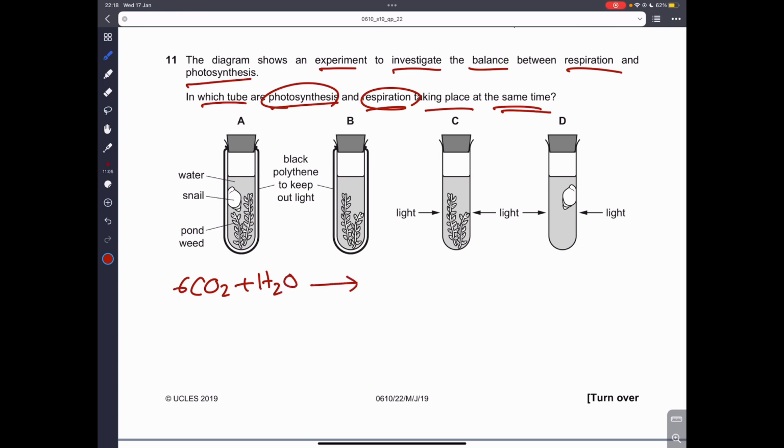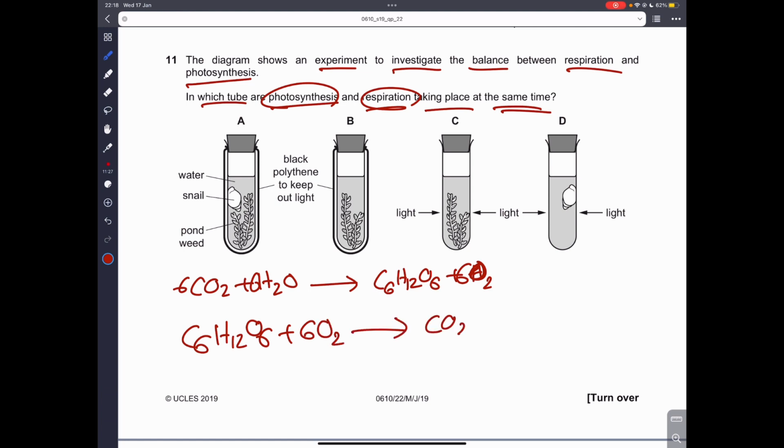This is going to produce glucose or sucrose plus oxygen, right? And you have to know how to balance it as well. And respiration is basically the opposite, which is glucose, the energy source, is going to be oxidized into carbon dioxide and water. Now this is respiration. This is photosynthesis.